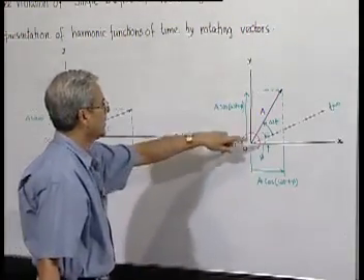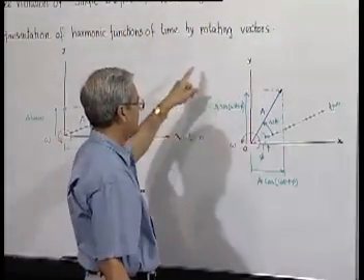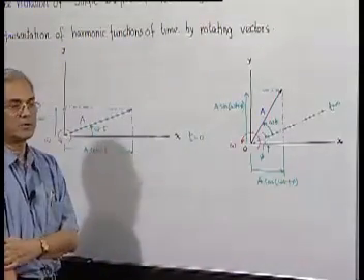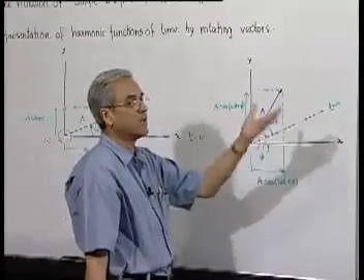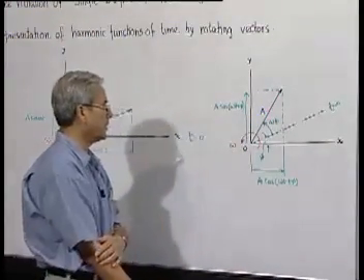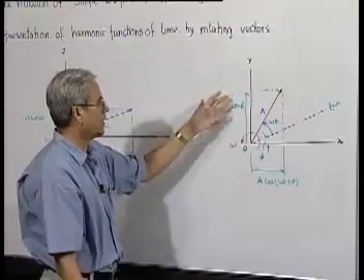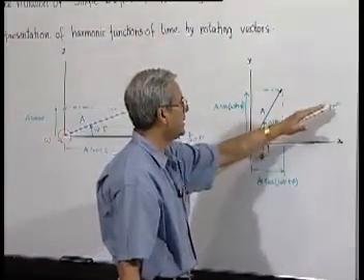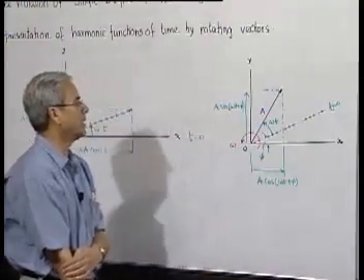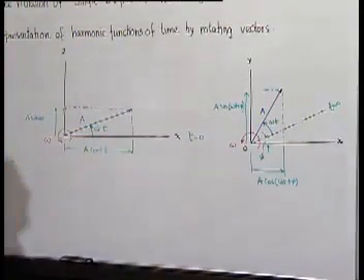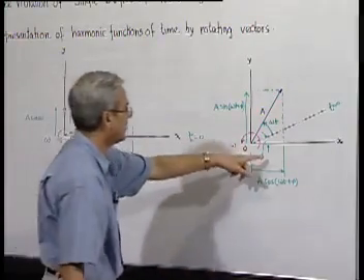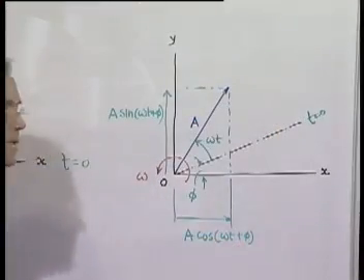Here the angular speed of this rotating vector, whose projections are varying as harmonic functions of time, corresponds to the circular frequency in radian per second, and for each component, the phase difference phi we can always have by suitably taking our location of the vector with respect to the x and y directions along which we are taking the projections. That angle, whatever we select, gives us this phase phi.